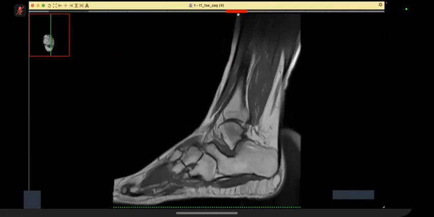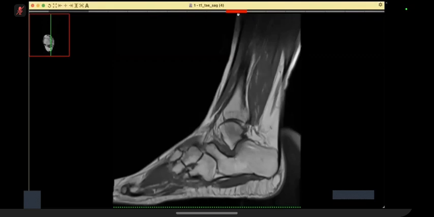This is the key finding which you have to pick up. This is because of mechanical strain here. When the coalition is around this, there is abnormal motion at this joint, and this is a sort of degenerative type of change, like an osteophyte. So you have to pick this up. We call it talar beaking.